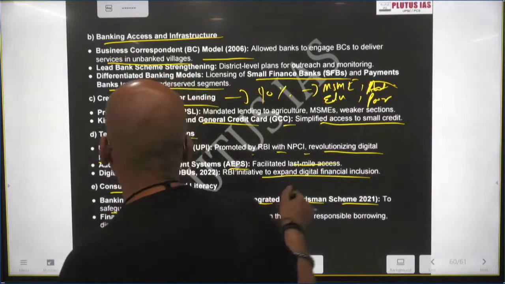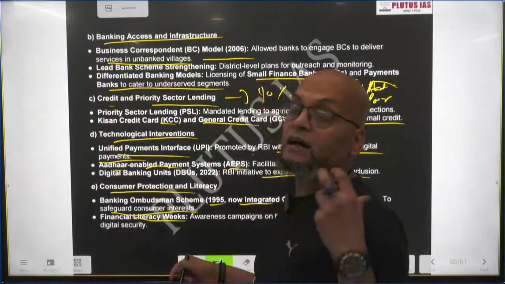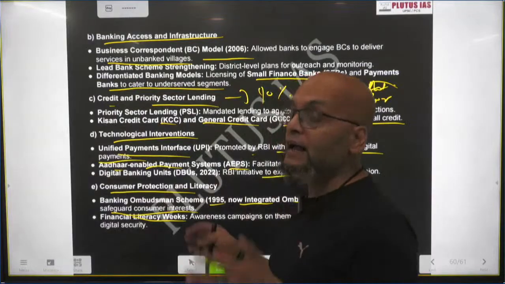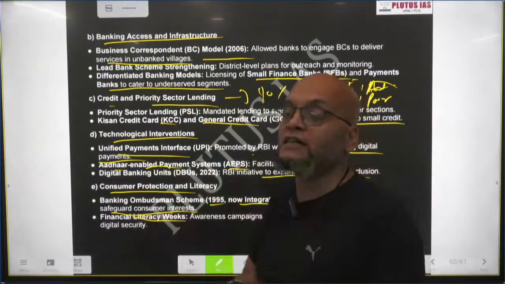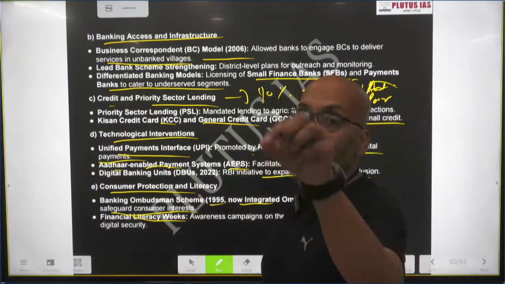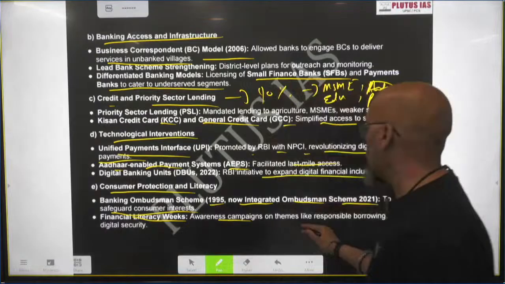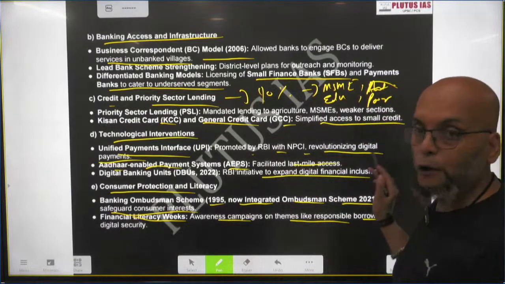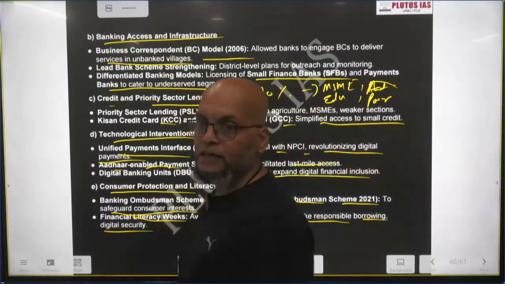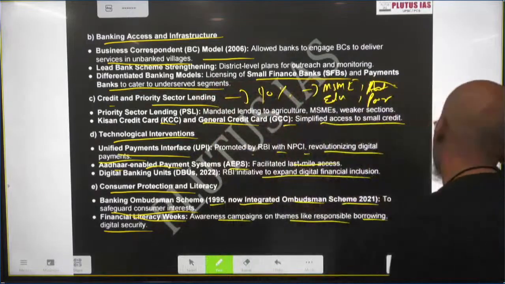Financial literacy weeks: there are weeks in a year organized by RBI where in a particular district or city they will go and financially educate people. Awareness campaigns on themes like responsible borrowing and digital security are all undertaken by RBI.